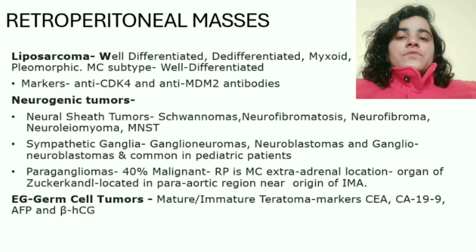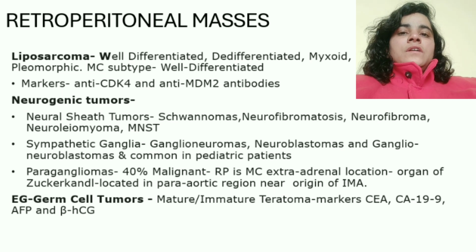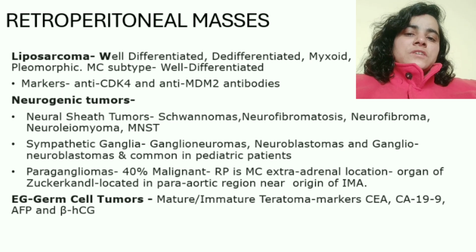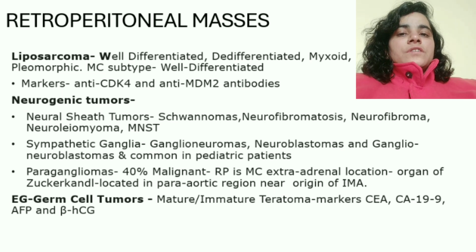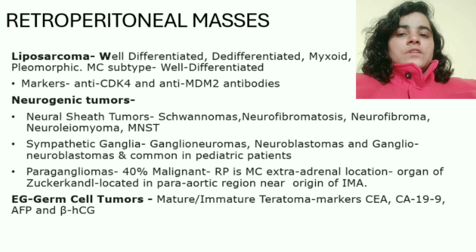Tumors getting origin from sympathetic ganglia include ganglioneuromas, neuroblastomas, or ganglioneuroblastomas, and these are commonly seen in pediatric age group also. Paragangliomas are 40% malignant, and retroperitoneum is the most common extra-adrenal location for these tumors.